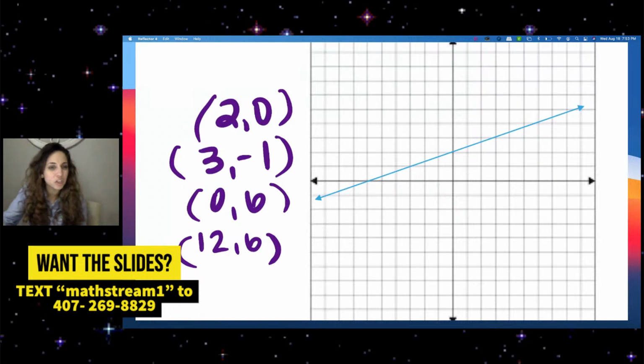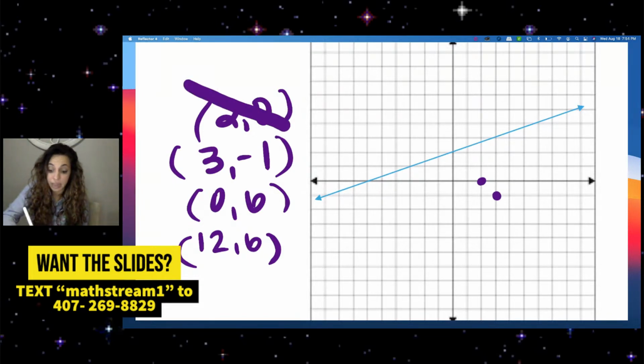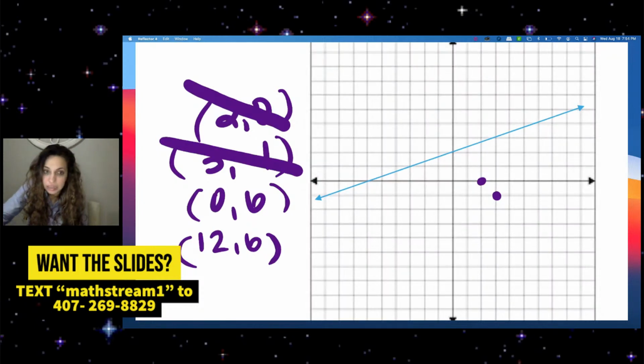So let's go ahead and just plot these points. (2, 0) is right here. That is definitely not on the line. (3, -1) is right here. That's not on the line either. (0, 6).